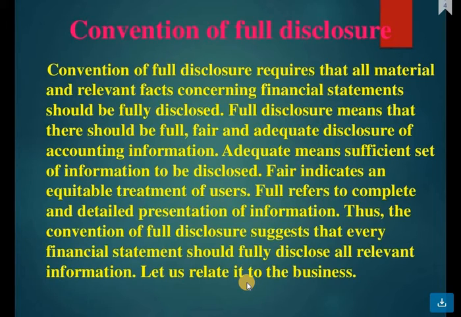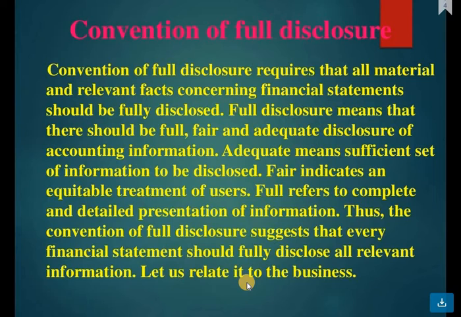Full disclosure means that there should be full, fair and adequate disclosure of accounting information. Adequate means a sufficient set of information to be disclosed. Fair indicates an equitable treatment of users. Full refers to complete and detailed presentation of information. Thus, the convention of full disclosure suggests that every financial statement should fully disclose all relevant information.